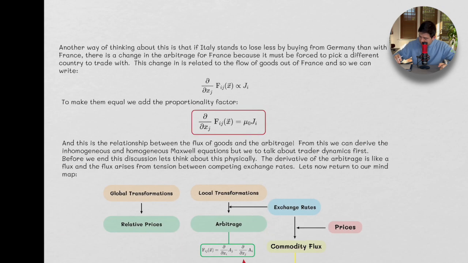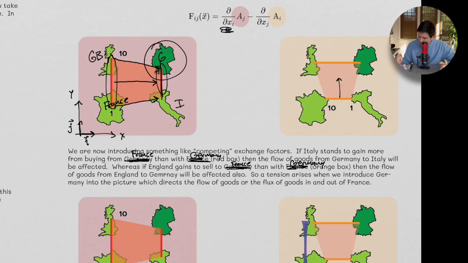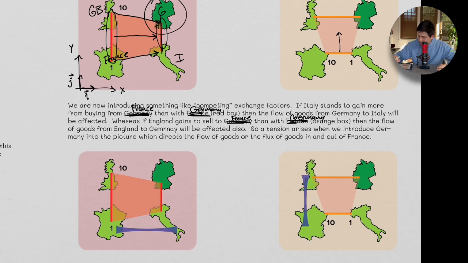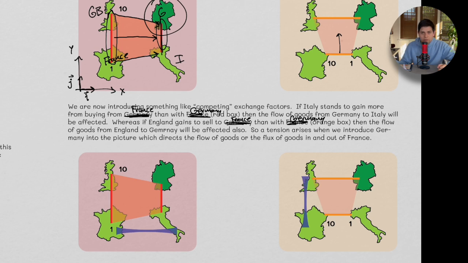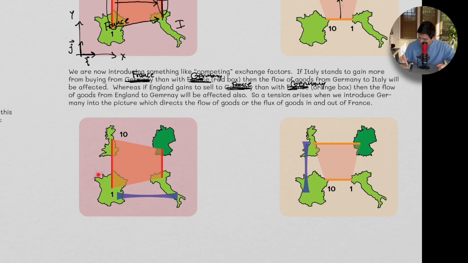But really, again, the point here is that the change in the gain factor is going to tell us something about the flux of goods from some country. So when we're talking about France again, the flux of goods is going to be.